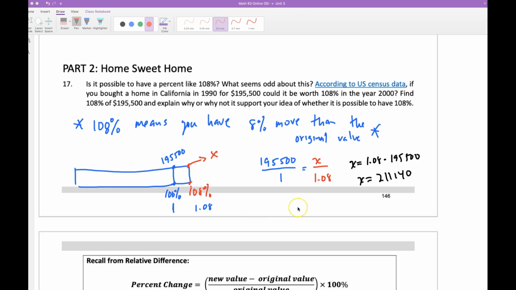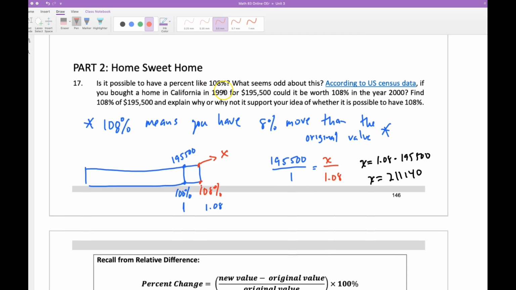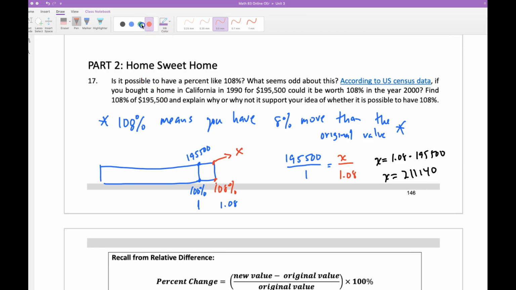Let's finish this up by looking at part 2, and this leads into the discussion homework. What we're looking at here is this question of 108%. Someone always says you can't give more than 100%. You may have heard that phrase before. But looking at this, what does 108% mean? It means 8% more than the original value, or 8% more than 100%. Thinking about a situation like this, I like to do a little drawing of it, and you can see here's your 100%, 195,000.